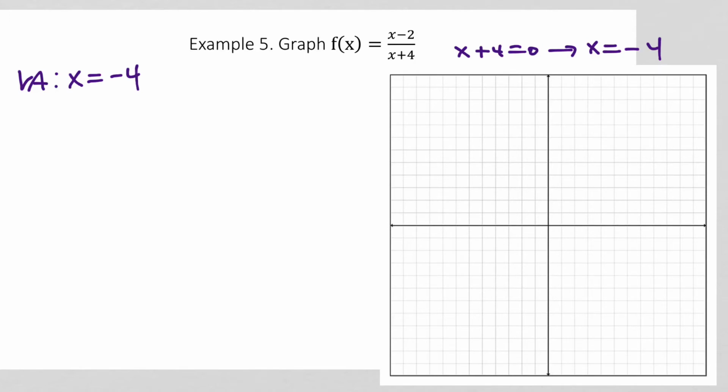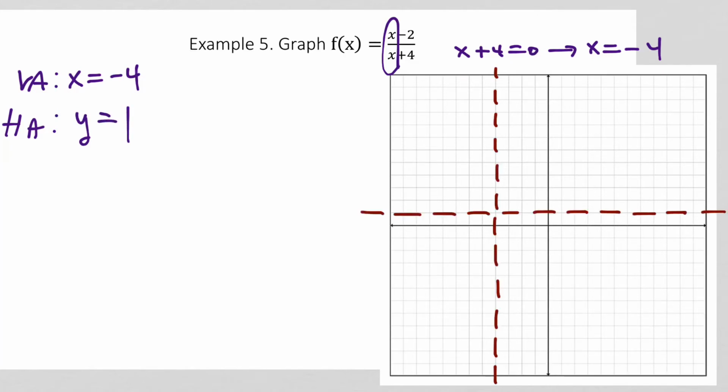And then the horizontal asymptote we're going to get by looking at the ratio of the highest powers of x and figuring out which rule applies. So for the horizontal asymptote, you can see you've got the same rule. So that's the ratio of the coefficients, 1 over 1. That means my horizontal asymptote is y is equal to 1.